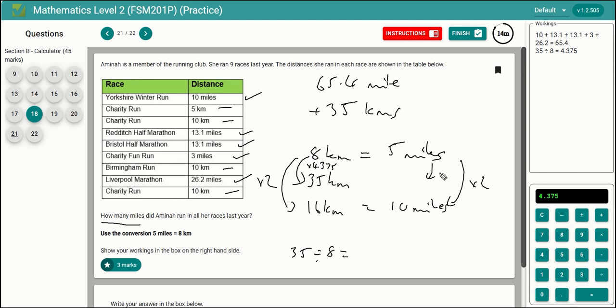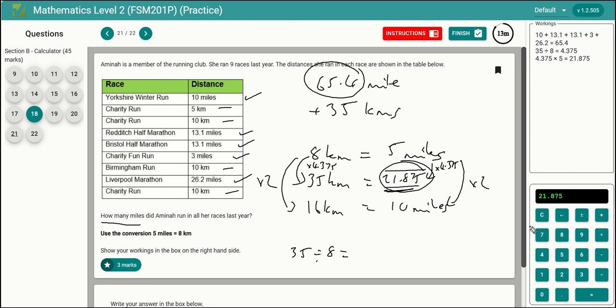So therefore we need to multiply 5 miles by 4.375 as well. And 4.375 multiplied by 5, in fact I'm just going to take a shortcut and just do times 5 here, 21.875. So the total mileage in miles is this figure here plus the 65.4.